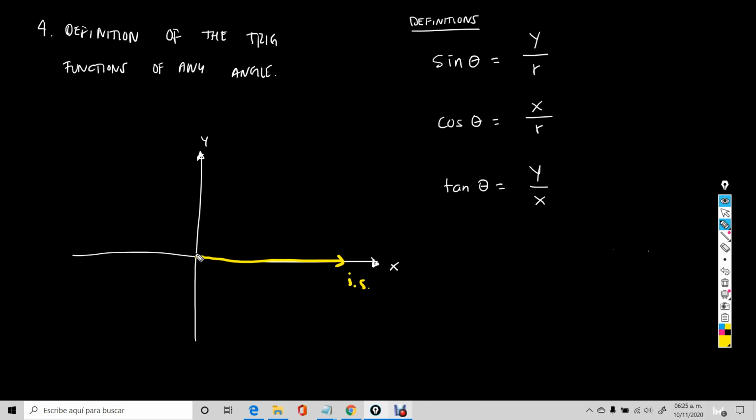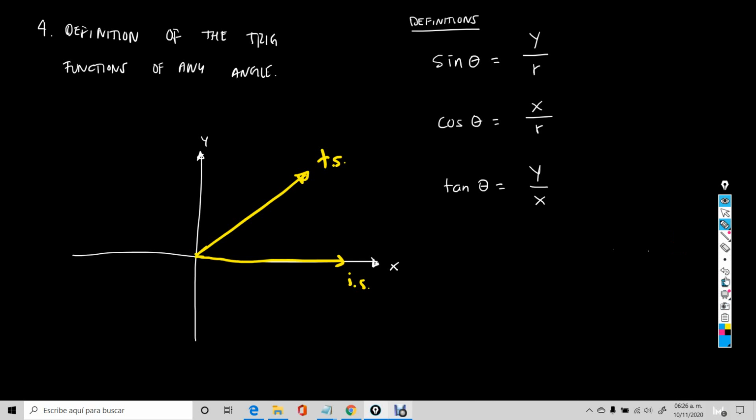The terminal side cannot go to the second, third, or fourth quadrant, because that would make the angle more than 90 degrees. So for acute angles, the terminal side will be somewhere in the first quadrant. This is the terminal side, okay?